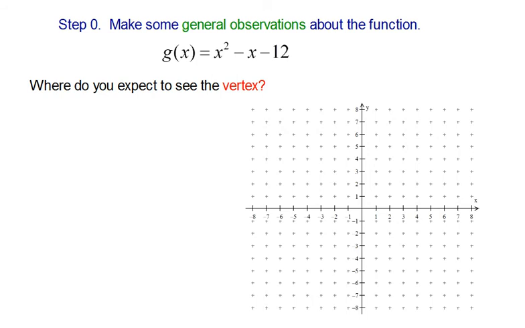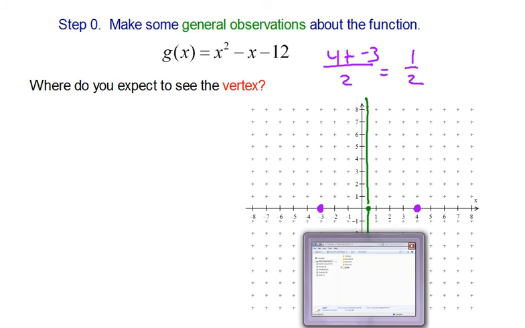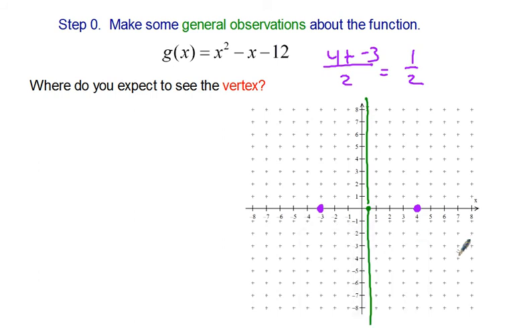Last thing for parabolas, it's so easy to find the vertex, we might as well just do it using the methods of algebra. Again, we determined that the zeros are negative 3 and 4, and we know that parabolas are symmetrical graphs. So therefore, the number that's halfway between these two zeros, let me just do the math here, halfway between 4 and negative 3 is 1/2. So right there, I know that this should be the line of symmetry for this function.